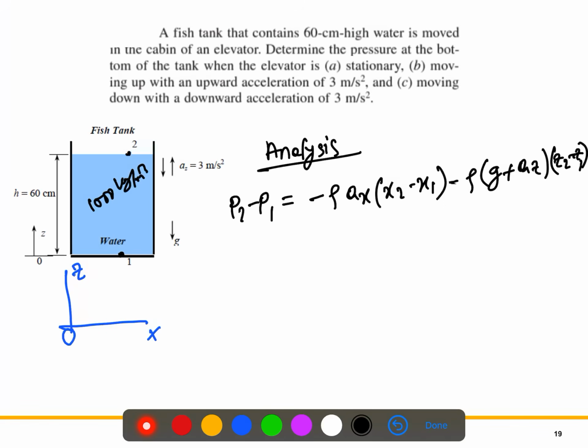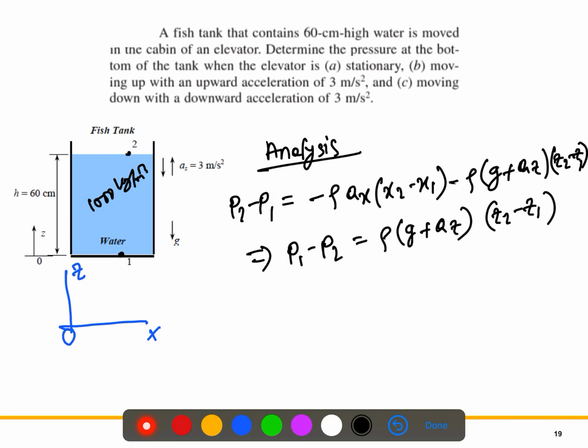So that's the formula we already know. Right, so we can simplify this, or we can write it like this: P1 minus P2 is equal to rho times g plus az into z2 minus z1.